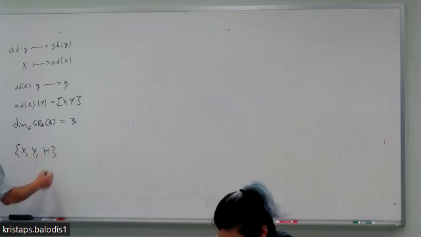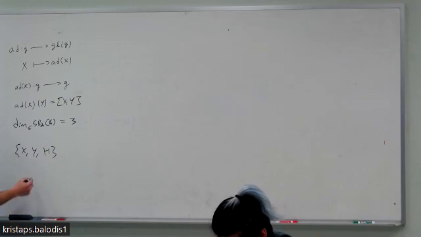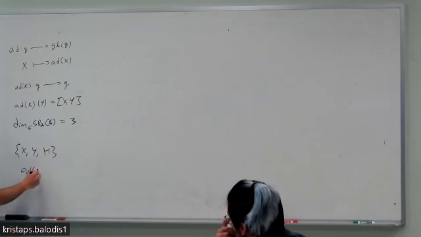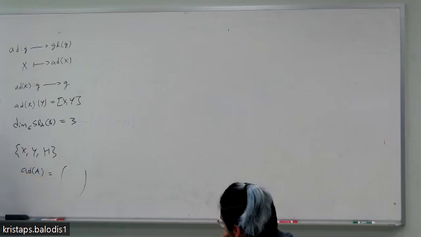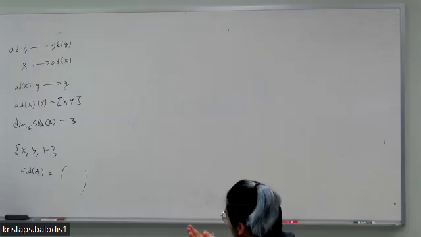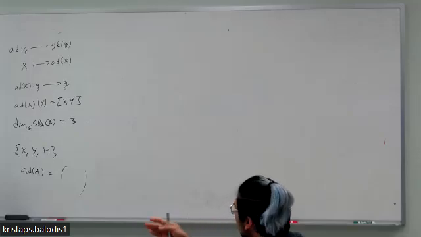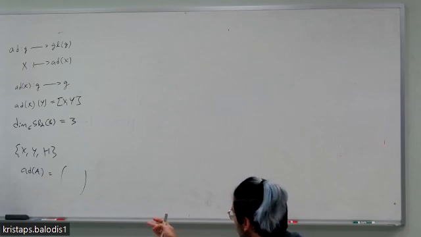x, y, and h. So for each of x, y, and h, I could write ad A, let's say, for any one of these, as a 3x3 matrix telling you exactly how it acts on the basis. A is just a linear combination of x, y, and h.